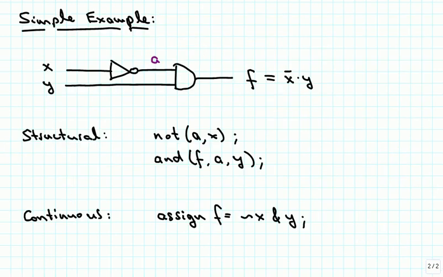To see those different specifications in action, we are going to look at a very simple example. We're going to take the function f is equal to x not ANDed with y. So this is the structural specification, of course, of that, or the schematic of that. And when we do the structural specification, we just simply tell Verilog that we want to have a NOT gate with an input of x and an output of a.